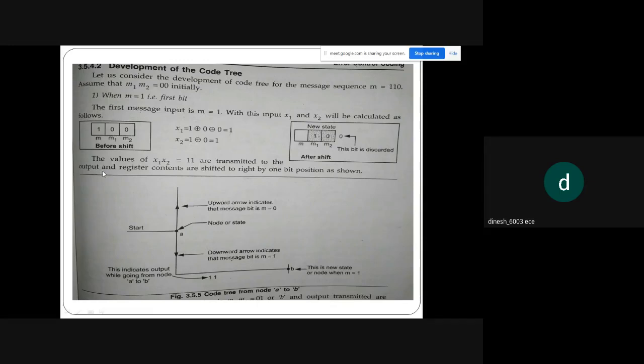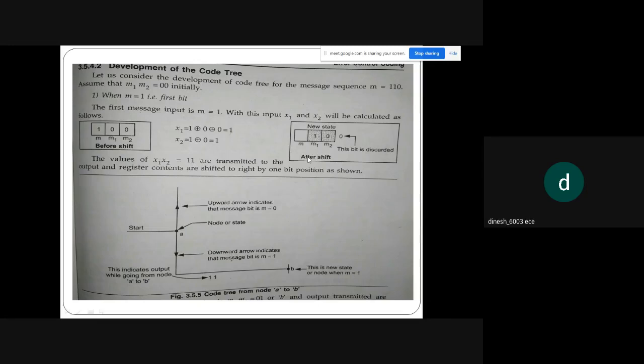And the register contents are shifted to the right by 1 bit position. Before the shift, this would be your value on the left-hand side. After the shift, m will be present in m1.